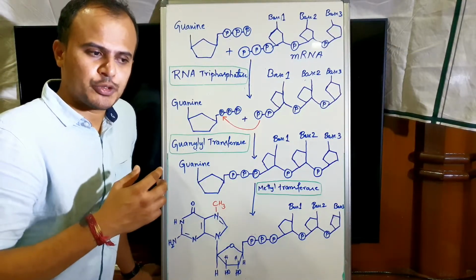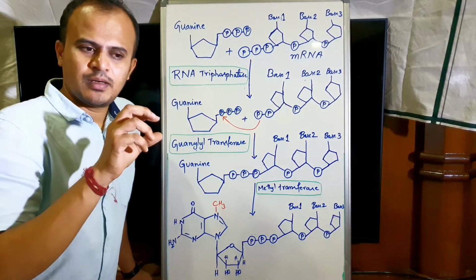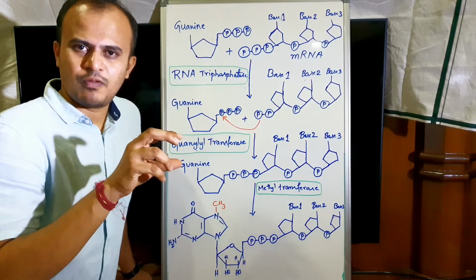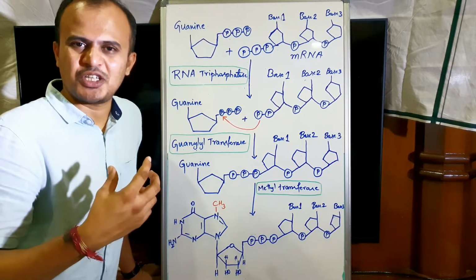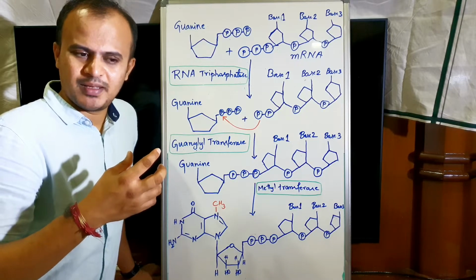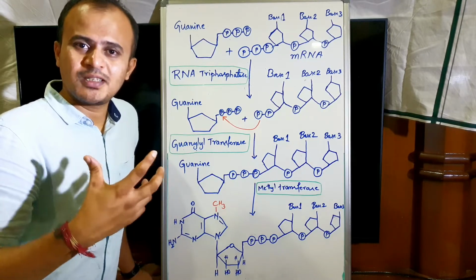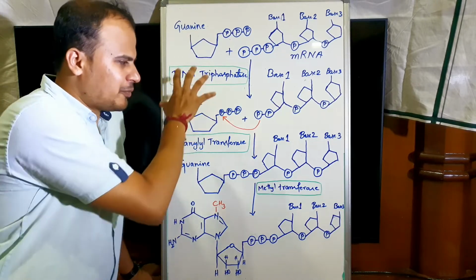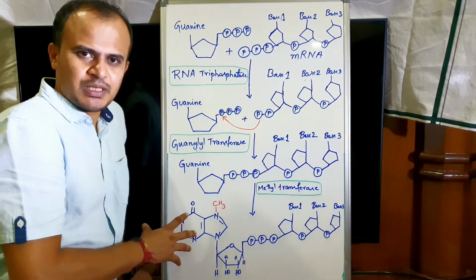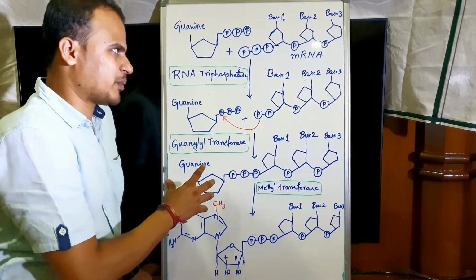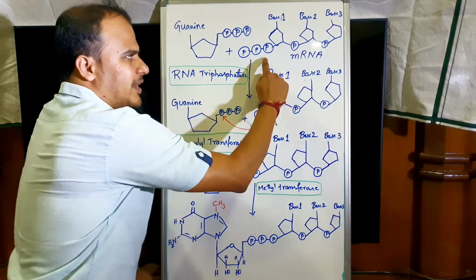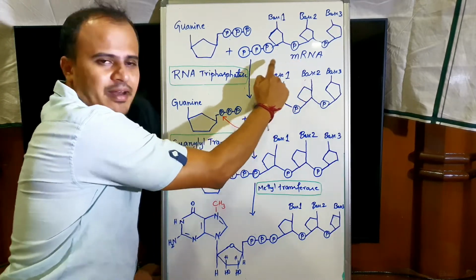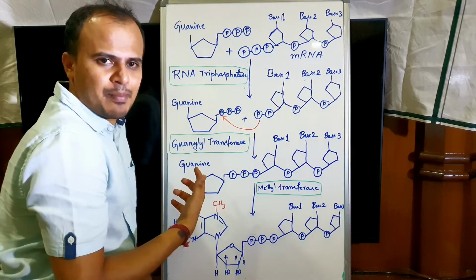Yes, we have understood that the addition of the cap is essential to protect the mRNA. But how? What is the biochemistry of the cap? Now, I have drawn some images to explain the capping process. Let's assume this is the mRNA that has to be capped.